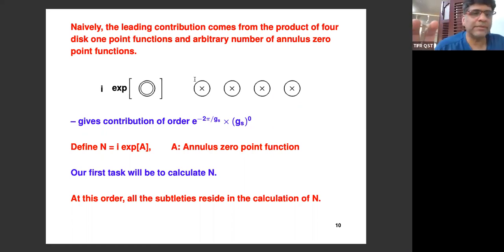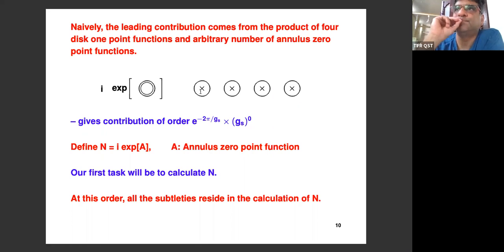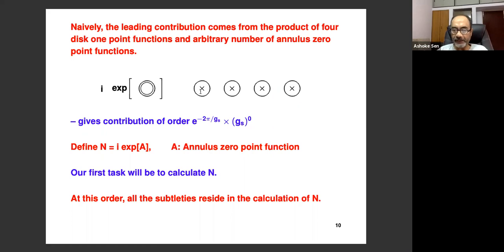Sorry, what I was saying was that if you have a product of a disk and an annulus, what that normally means is the partition function on the disk times the partition function on the annulus, as a CFT path integral, separately. Yes. But from the point of view of the target space path integral, the string field theory path integral, there is only one integral. Right. And that's what we are doing here. We are reinterpreting this as a path integral in string field theory.